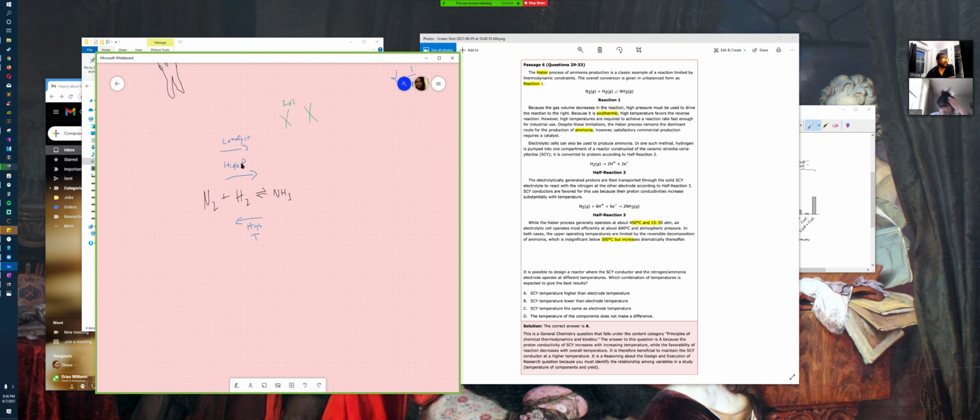Wait, can you repeat? So you said that at high temperature, the reverse reaction was favored? Yeah. Wait, where did you see that?